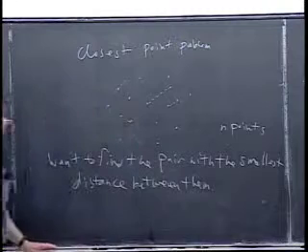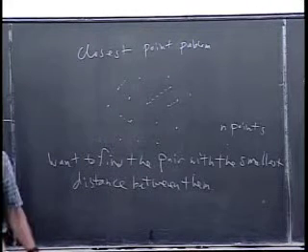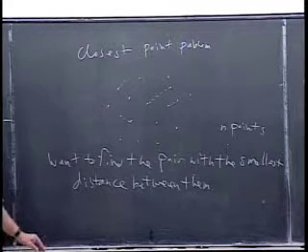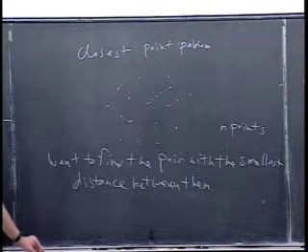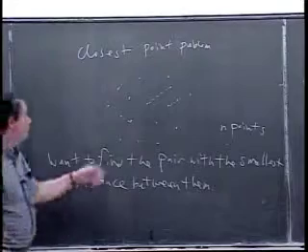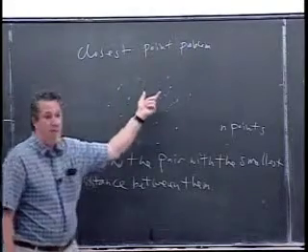Well, obviously you could just compute this directly for every pair. There are n choose 2 pairs, roughly proportional to n squared, and you could just grab a pair at a time.